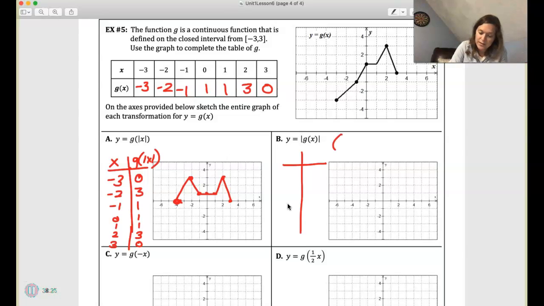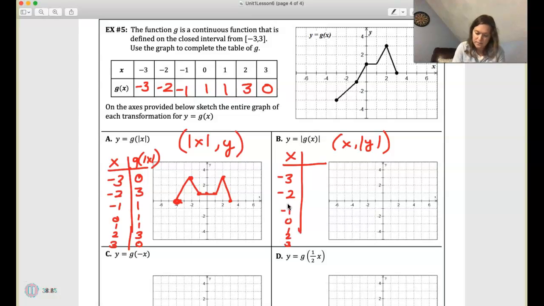All right, and then for B, now we're going to be taking the absolute value. So our rule here is we're taking our x, and then we're taking the absolute value of y, right? Over here, our rule was take the absolute value of our x to get our y. So my x's are -3, -2, -1, 0, 1, 2, 3. So now at -3, the output is -3, but we're going to take the absolute value of that, which gets us 3.